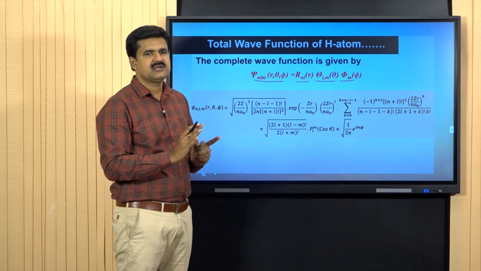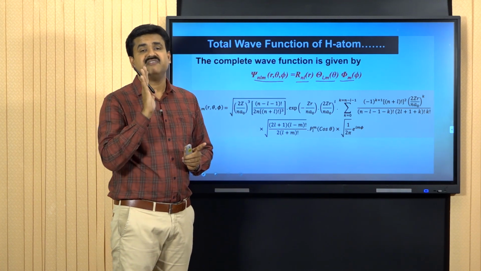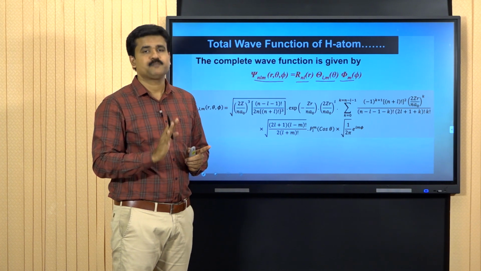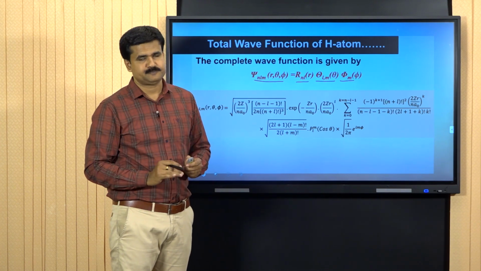This is the complete wave function of hydrogen atom or hydrogen-like system.